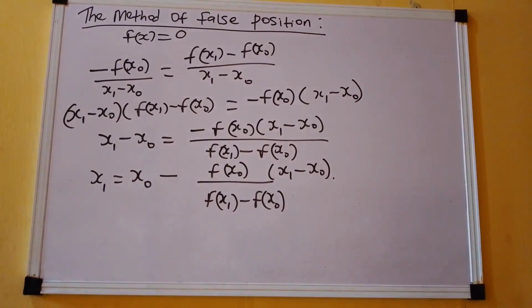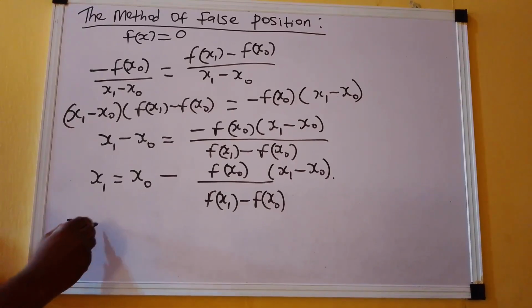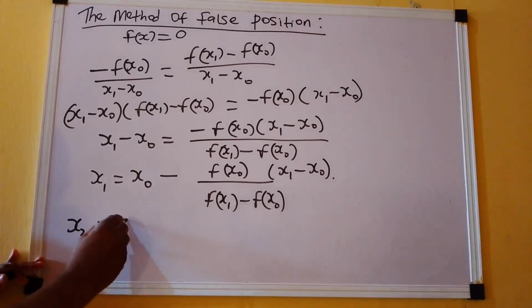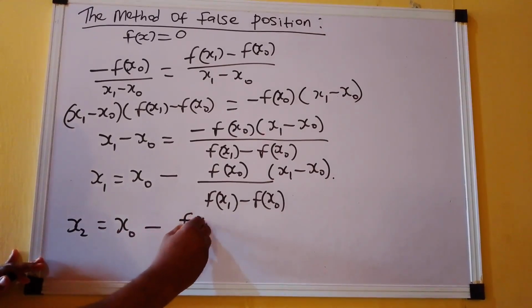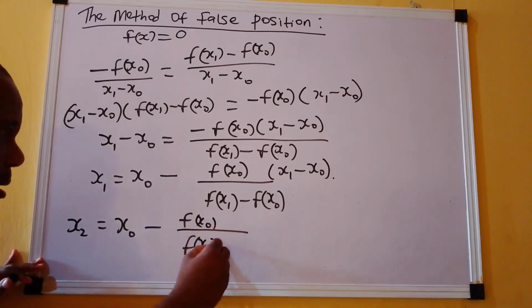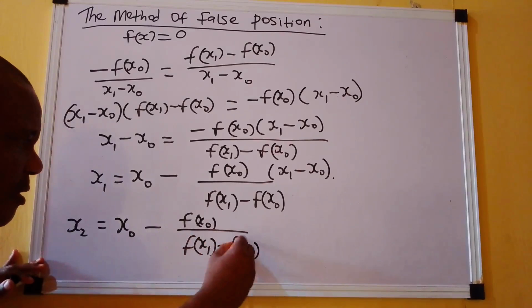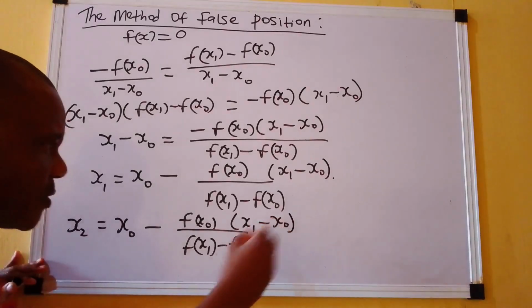So this simply means that the second approximation to the root of f of x equal to 0 will now be x2, which will be equal to x0 minus f of x0 all over f of x1 minus f of x0, then this now has the bracket (x1 minus x0).